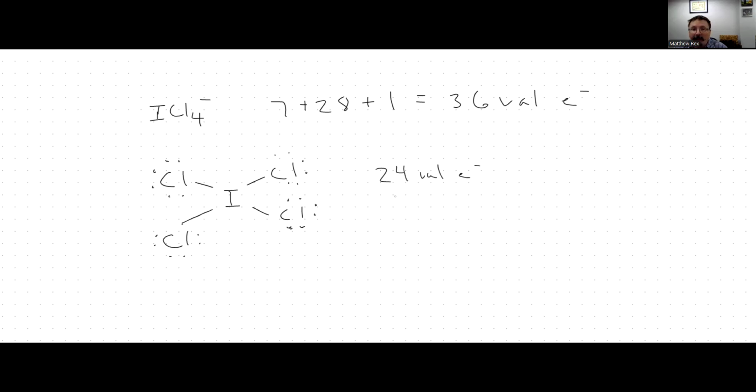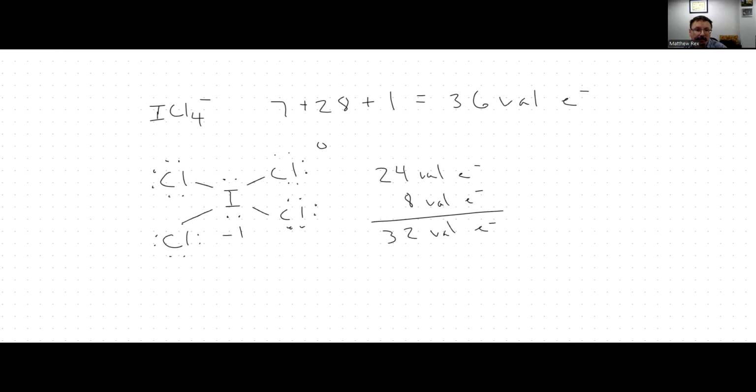We have 4 bonds. There are 2 electrons per bond. So right now, with the lone pairs on the chlorines and all the bonds, we have 32 valence electrons, leaving me with 4. So I'm going to put lone pairs on the iodine here, and we should see the formal charge for all the chlorines is 0. The formal charge for the iodine, 1, 2, 3, 4, 8, so minus 1.